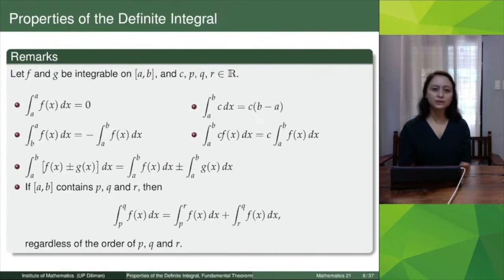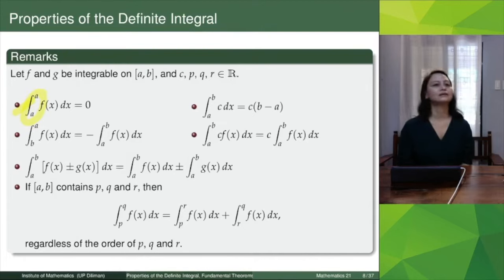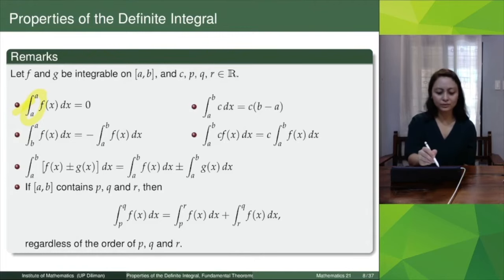Okay? So now let's look at some of the properties of the definite integral. Let f and g be integrable on the closed interval ab, and c, p, q, and r are real numbers. First property, when the limits of integration are the same, the integral of f of x dx from a to a is equal to 0.